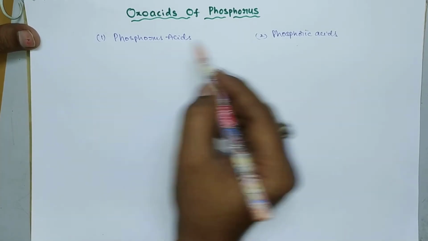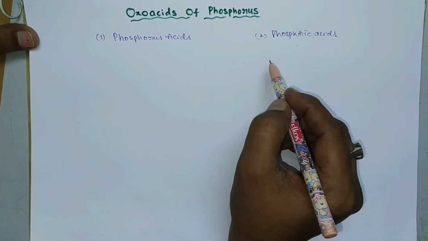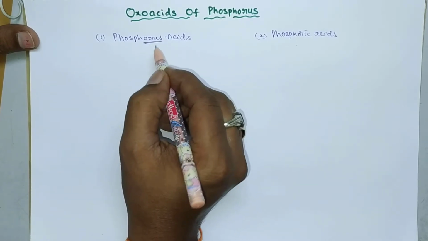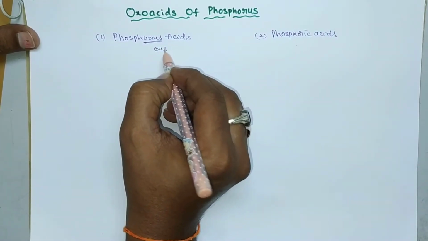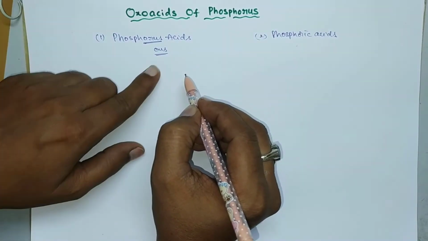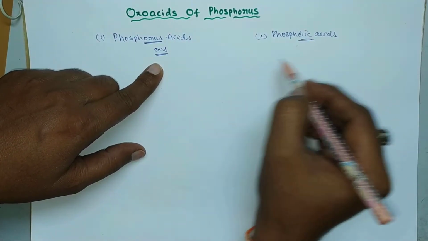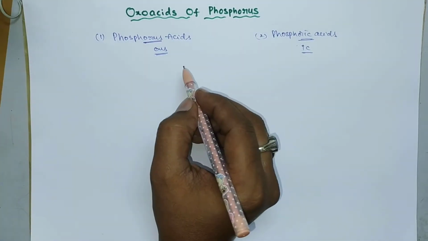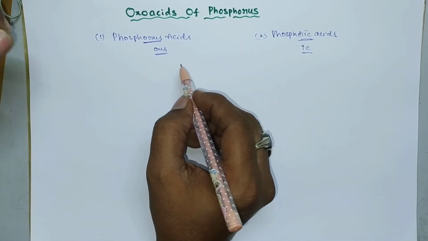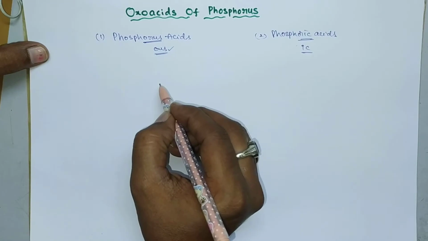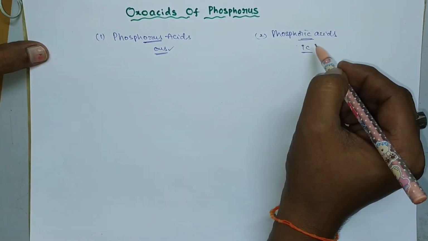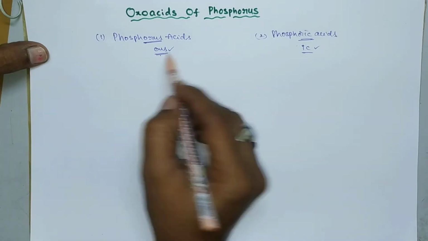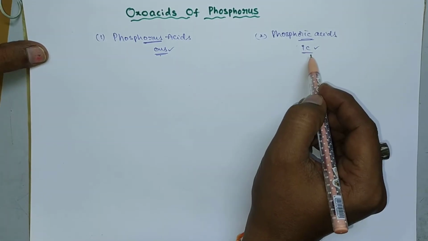Phosphorus means the oxidation state is generally less, 'ous' means the oxidation state will be less, and phosphoric means the oxidation state will be more. In any compound, if the oxidation state is less, we call it 'ous' compounds; if the oxidation state is more, we call it 'ic' compounds. Phosphorus here, phosphoric here.